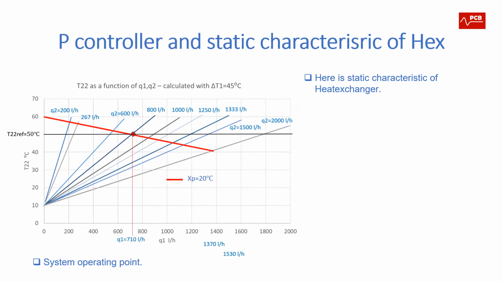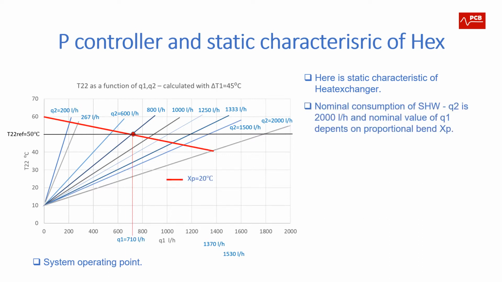And here is a characteristic of the P controller with a proportional band of 20 degrees. It means that the temperature will change with consumption from 40 to 60 degrees.